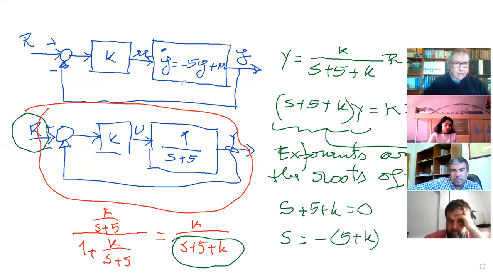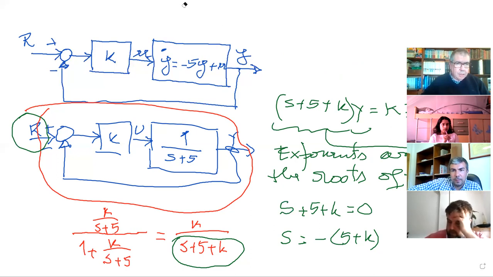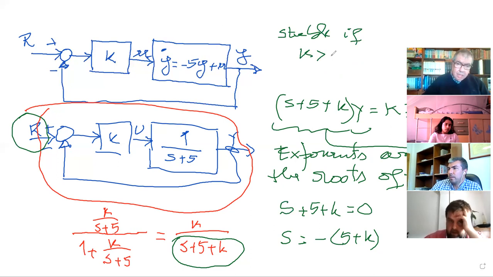So the condition is: stable if K is bigger than minus 5. In particular, if K is positive. Now you have something that allows you to study the stability of feedback control systems.